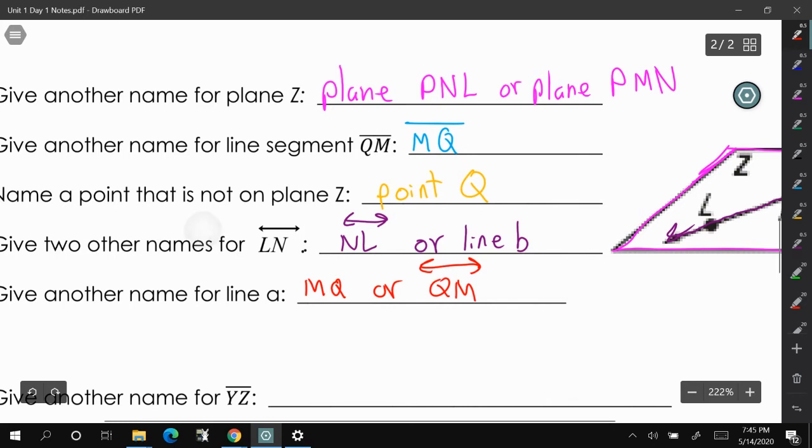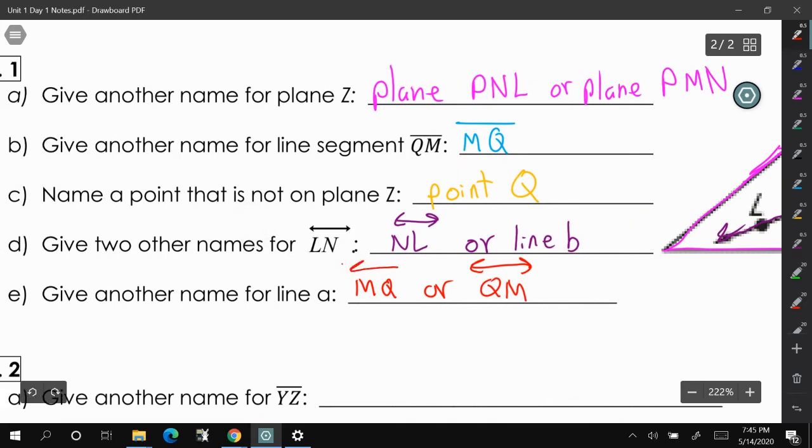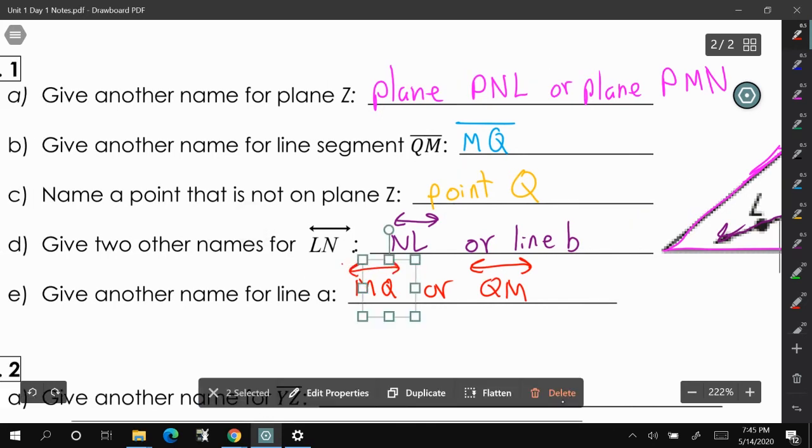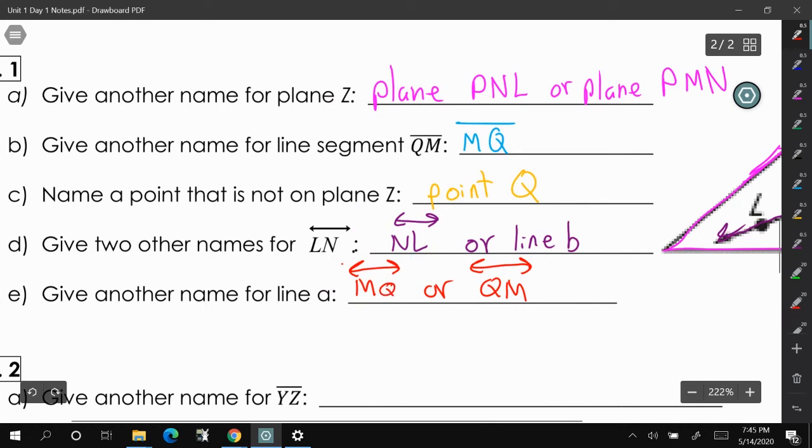Notice how this looks different than letter B, where letter B we just have those bars on top, and down here in letter E we have actual arrows on those lines.